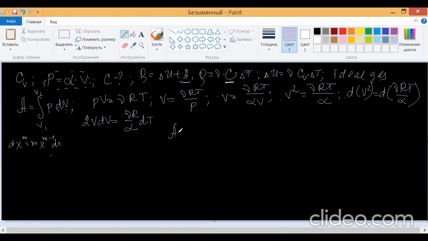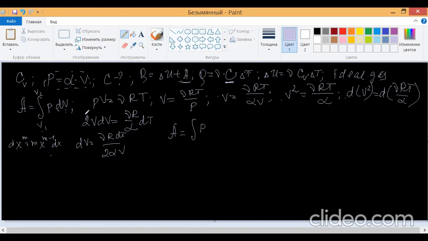So we can write that A is equal to the integral of P dV. Instead of dV, we write what it equals to. So dV is equal to nu R dT over 2 alpha V. Okay.